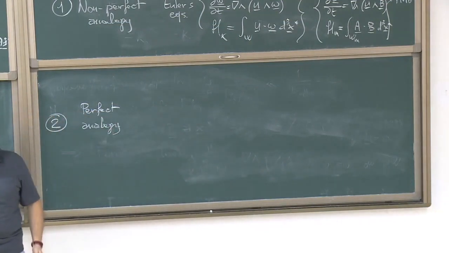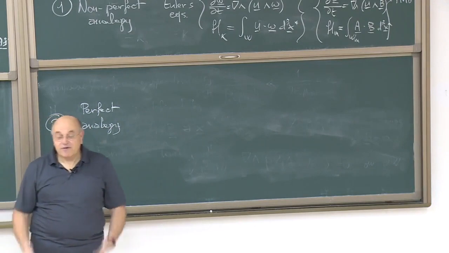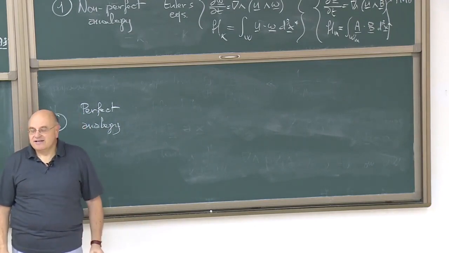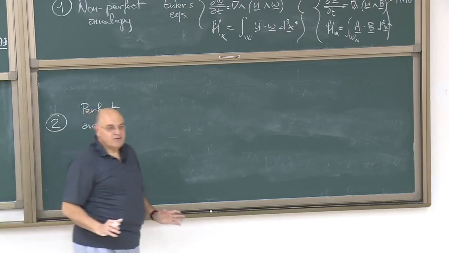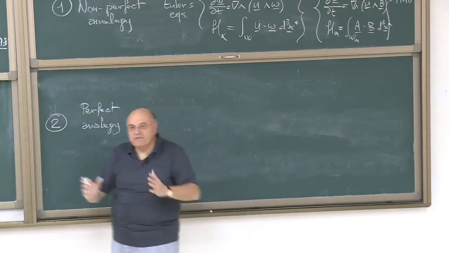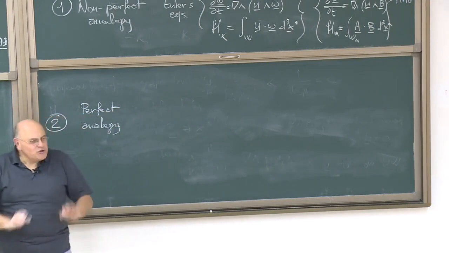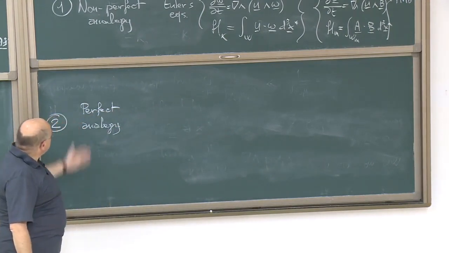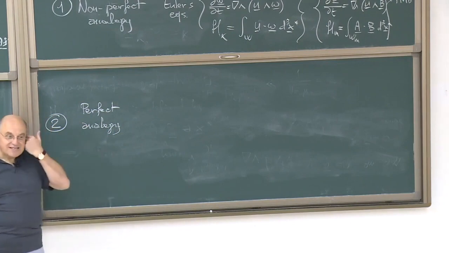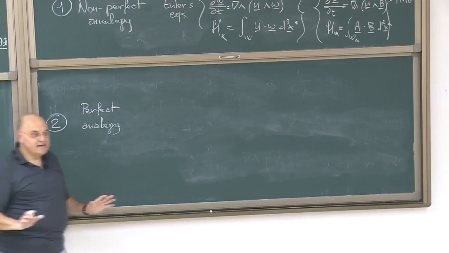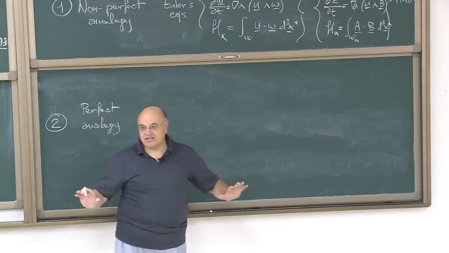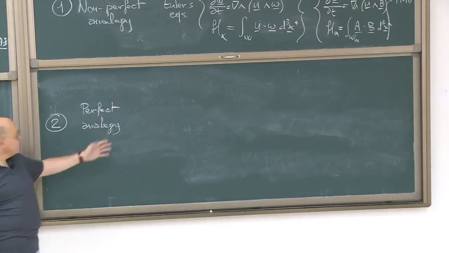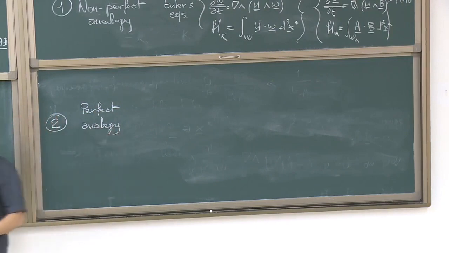One way to behave that way is to be absolutely standing still. You don't do anything for all your life. Probably then you are perfect. So perfect analogy in this case means that we have to be steady. Time does not exist. If we are in steady conditions, then we have an analogy here that is perfect.